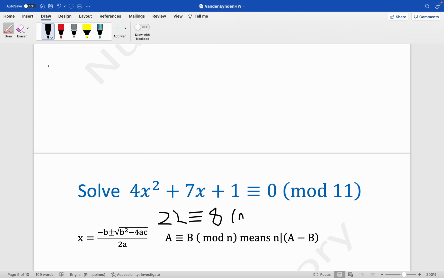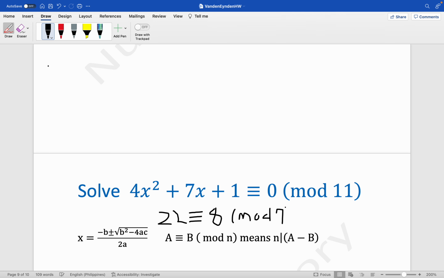And you'll notice that 22 minus 8 is 14. Yes, it is. And so notice that the difference is divisible by 7. So let me finish this up here. Mod 7.